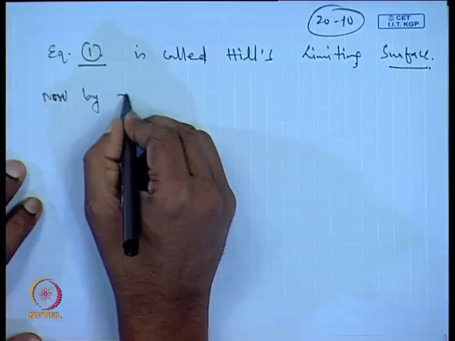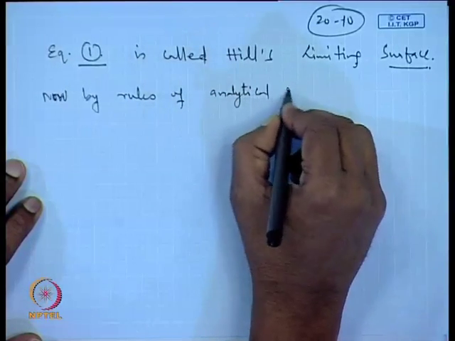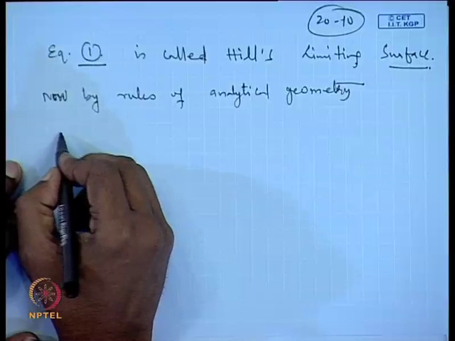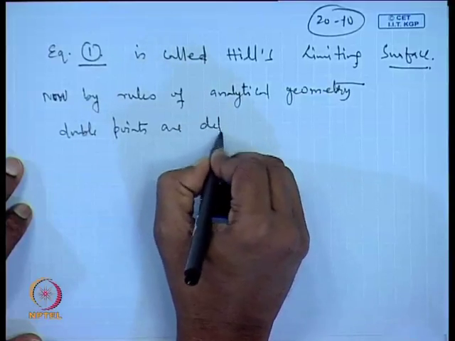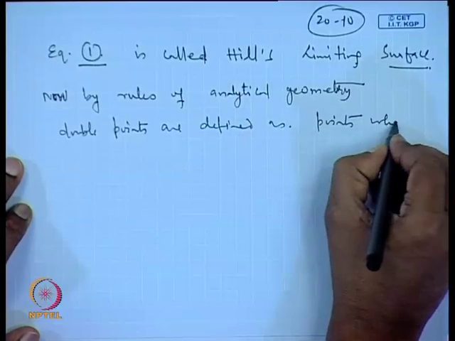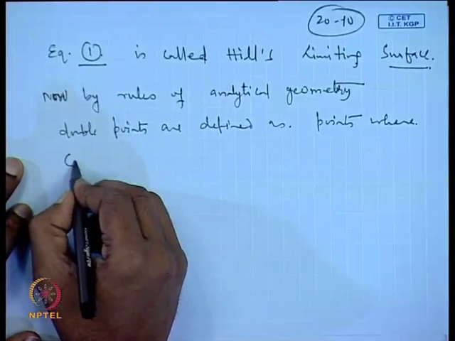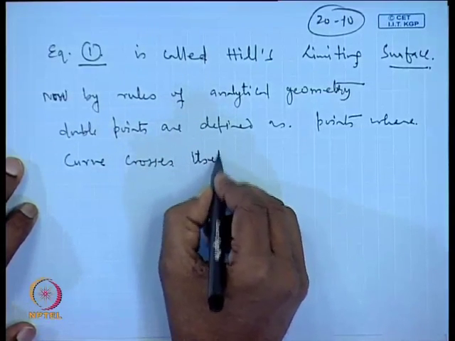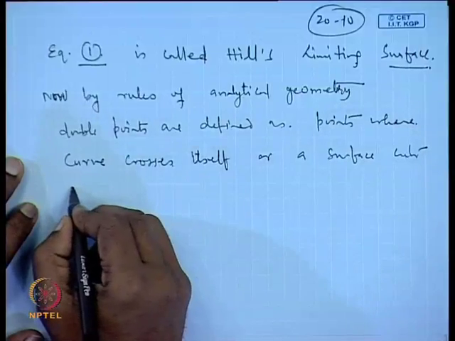Now, by rules of analytical geometry, double points are defined as points where a curve crosses itself or a surface cuts itself.